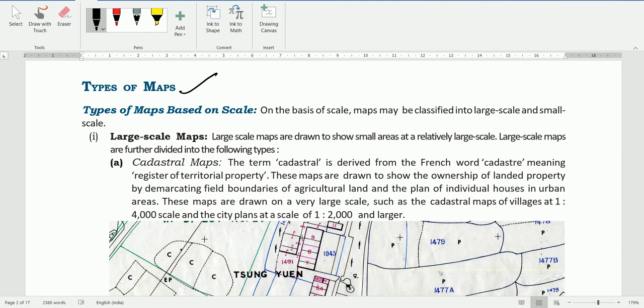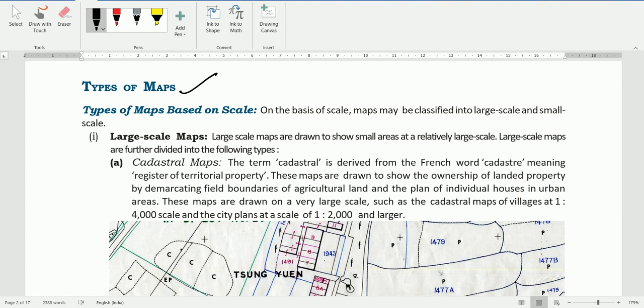Types of maps based on scale. The first classification is based on the scale. So on the basis of scale, maps may be classified into large scale and small scale maps. We have learned the meaning of scale earlier, and the meaning of maps also.